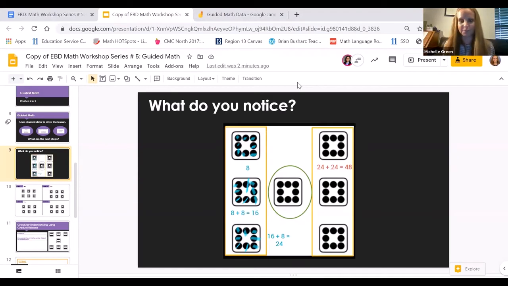any questions, okay? All right, so looking at Stacy's work, what do you notice about how Stacy solved this problem? What do you see? I'll give you about 15 seconds to look at the work. What do you notice?